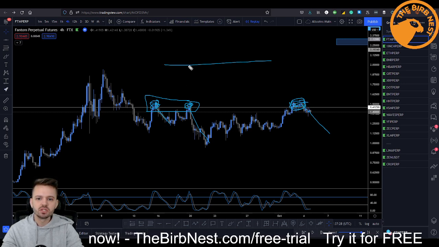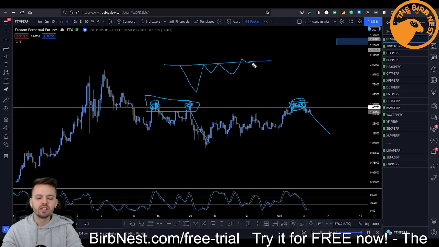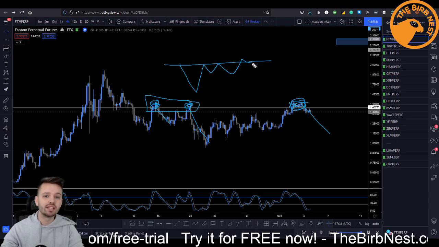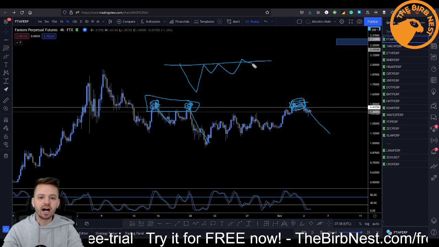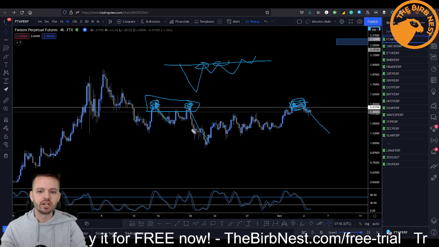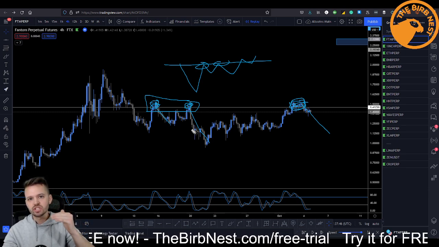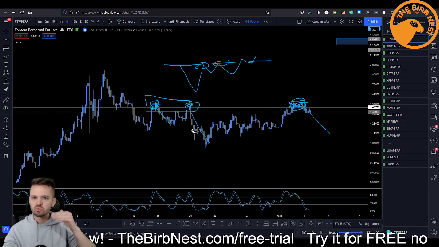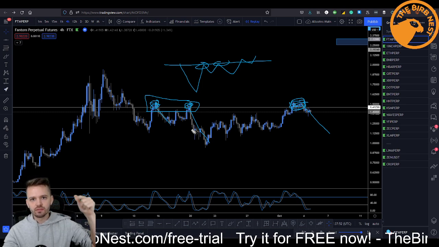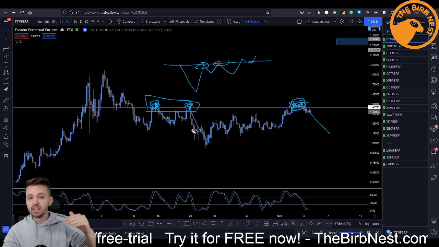But if the move becomes weaker and weaker and weaker, the probability of the next breakout being the actual breakout is obviously higher here than on these touches right here. And the more a level gets touched as resistance, the weaker it becomes as resistance.